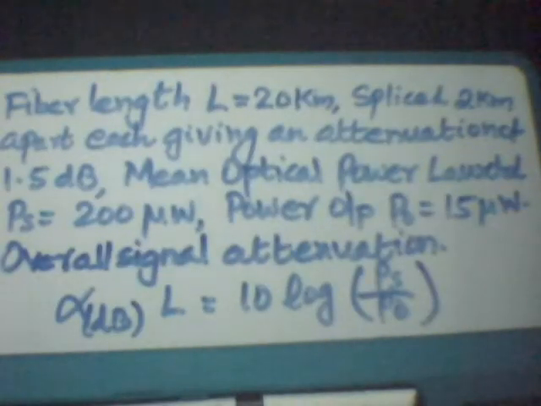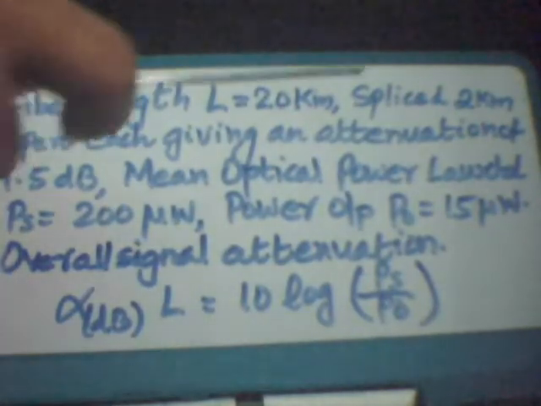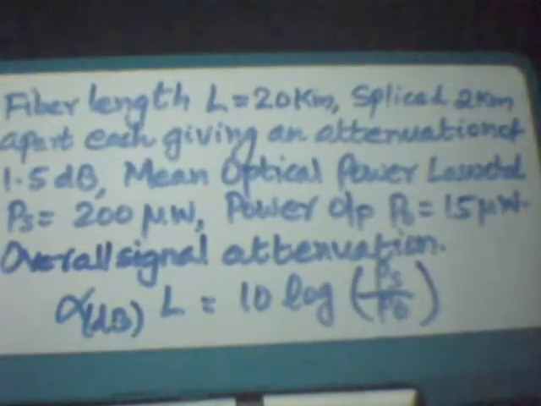You have another question. You are asked to determine the overall signal attenuation for the optical fiber of length L equal to 20 km, which is spliced 2 kilometers apart. That is, the interval between the splices is 2 km, and each splice gives an attenuation of 1.5 dB.